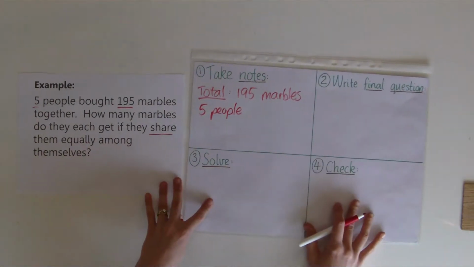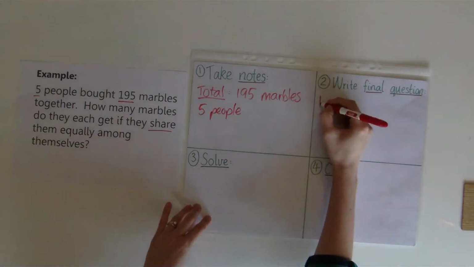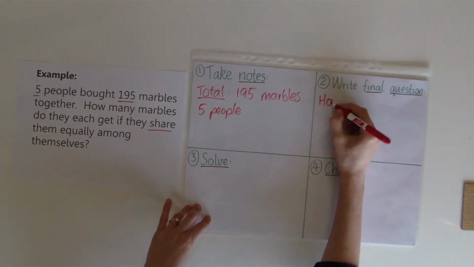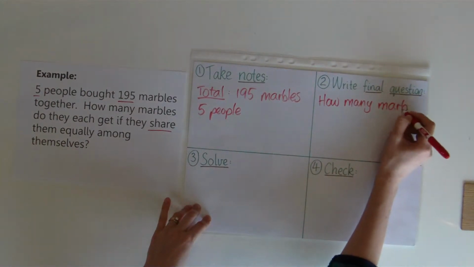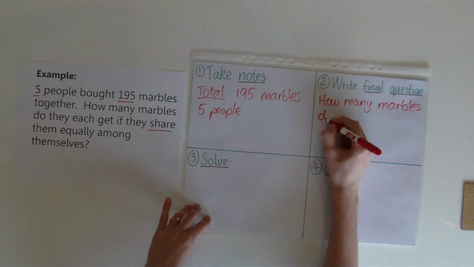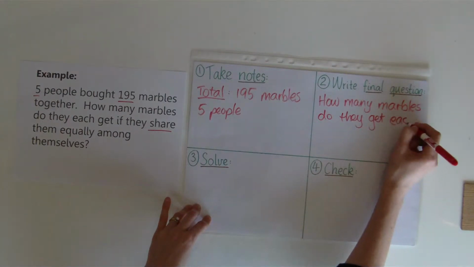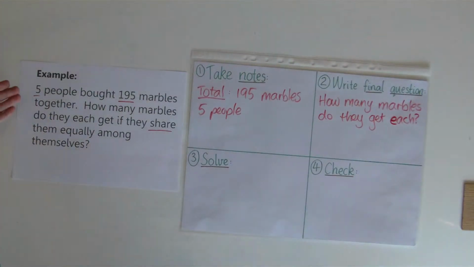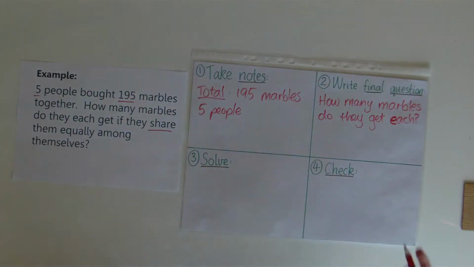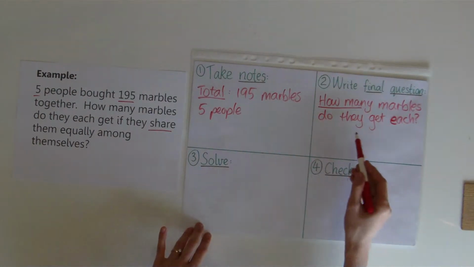And then the final question that this one is asking is how many marbles do they get each? It's really important to think about the final question, because there's a lot of information here, all in these two sentences. And it's just good to remember, well, what is it asking? It's asking, how many marbles do they get each?